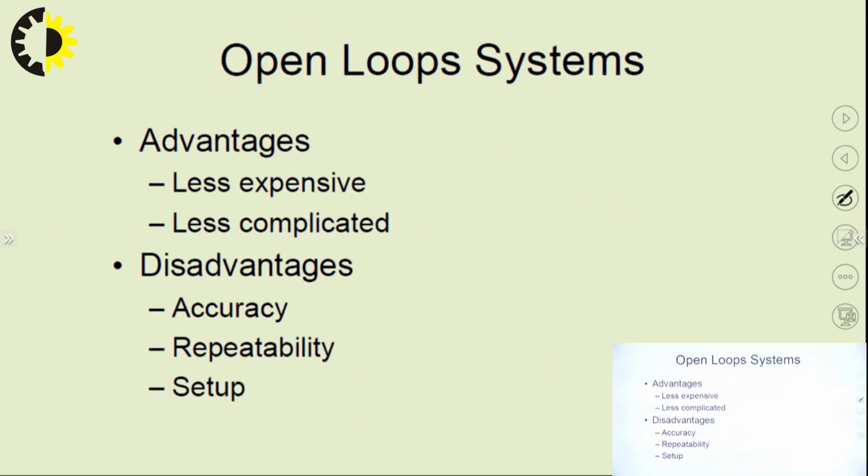Here are some advantages of open loop systems: they are less expensive and less complicated. And talking about the disadvantage, less accuracy and repeatability is associated with the open loop system.